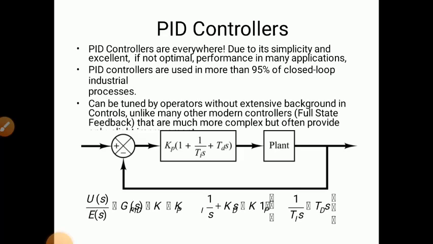So here we can tune the parameters. The transfer function is shown in the box: Kp into (1 + 1/(Ti S) + Td S). This is the transfer function of the system.